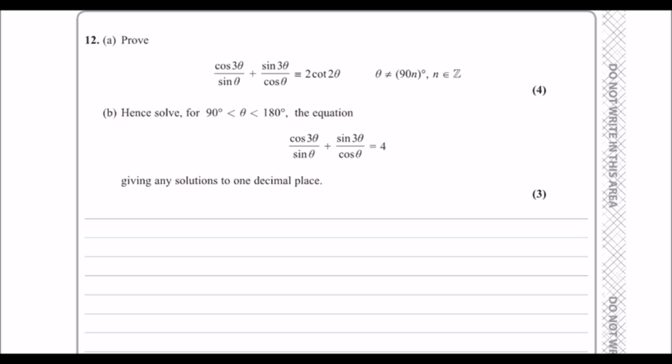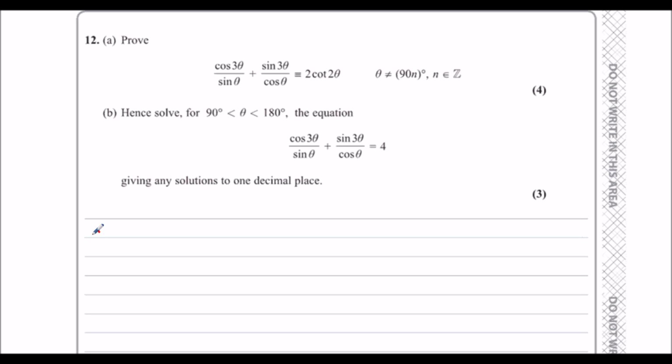Question 12. So part A, we need to prove that cos 3 theta over sine theta plus sine 3 theta over cos theta is equivalent to 2 cot 2 theta. So we're going to start with the left side of this identity, and we want to just rearrange it until we get the right side.